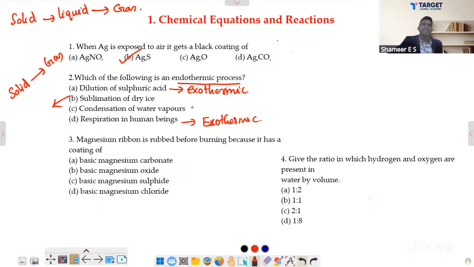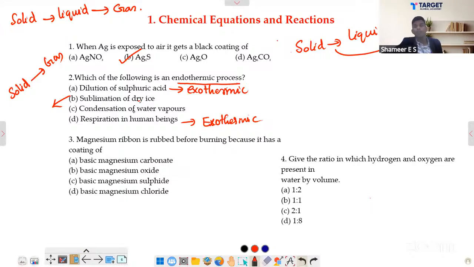And condensation of water vapor. Always think, the conversion of a solid substance to liquid, you need energy. So we are providing energy, that is endothermic. Liquid to gas, endothermic. Same, solid to gas, endothermic. All are endothermic. What is the only exothermic?